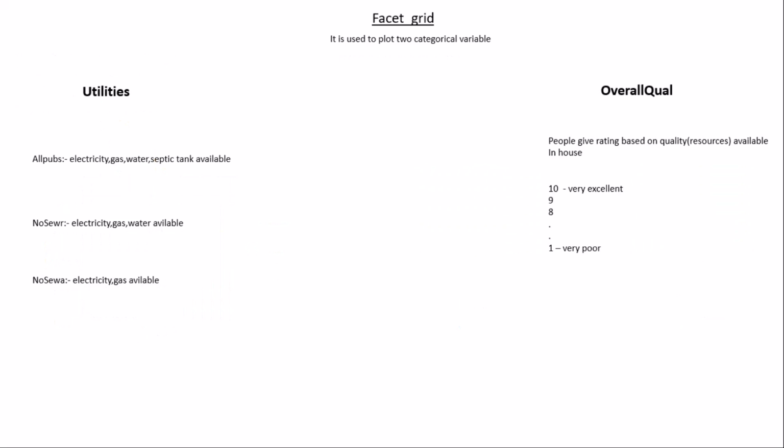Overall quality of 10 means very excellent and 1 means very poor. Utilities here means facilities. AllPub means electricity, gas, water and septic tank are available. NoSewr means electricity, gas and water are available. Then electricity and gas only.